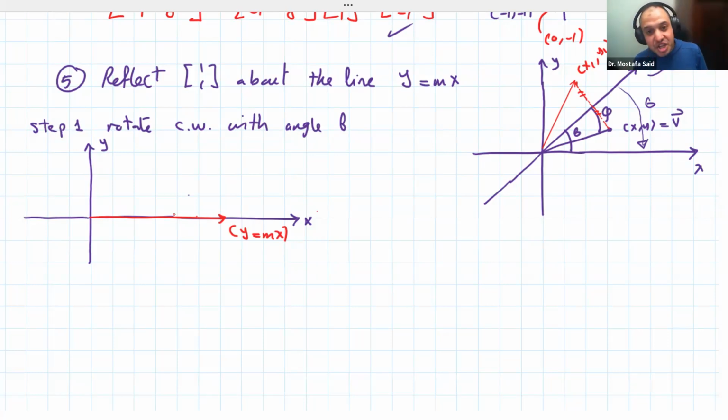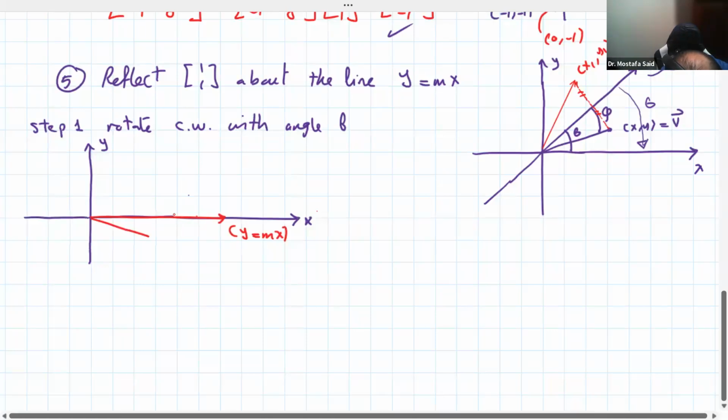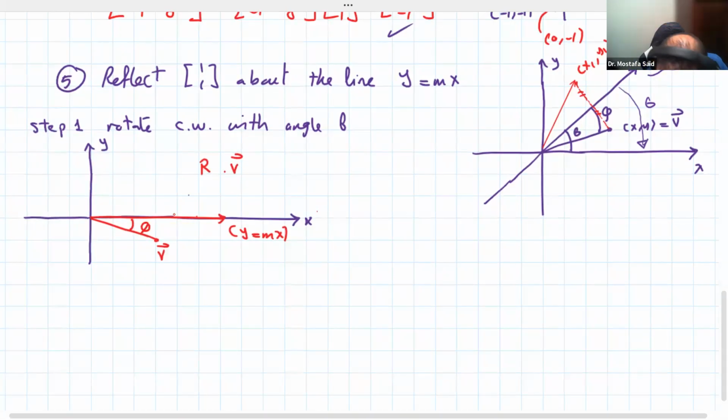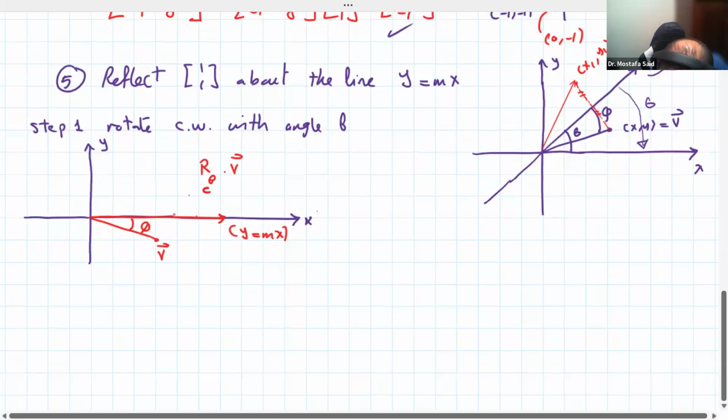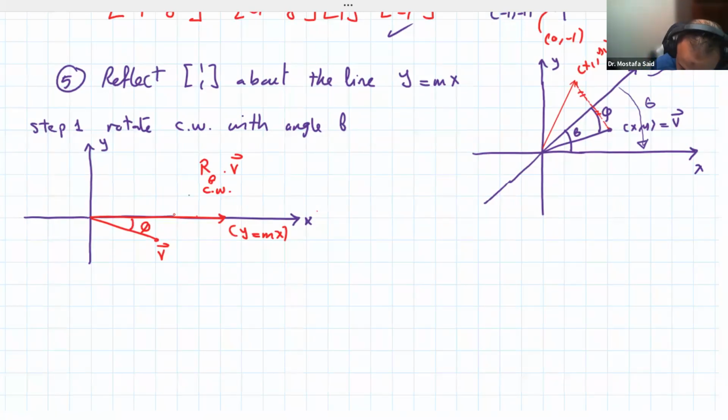Where will be the new location of the vector v? It will still be at a phi angle underneath y equal to mx. So this will be our vector. Okay. So the first step, we multiply the vector v by the rotation with angle theta clockwise. That's the first step.